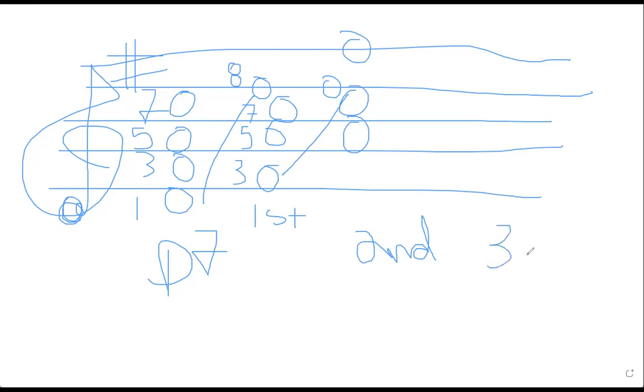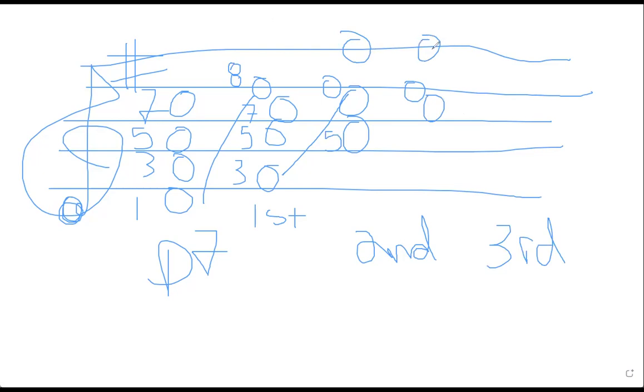Third inversion. Here we go. We are keeping the octave for the root, I should say. We're keeping the seventh. And now we're going to invert the fifth. Oh yeah, and this guy stays.